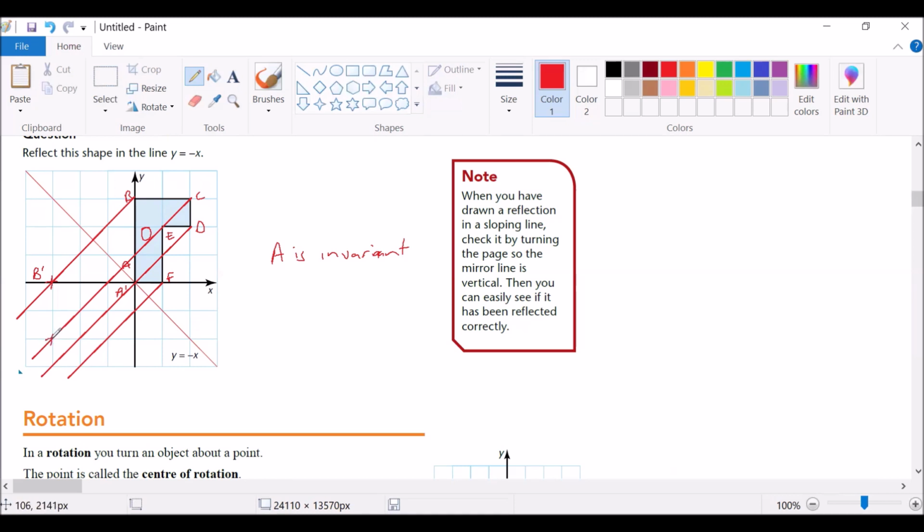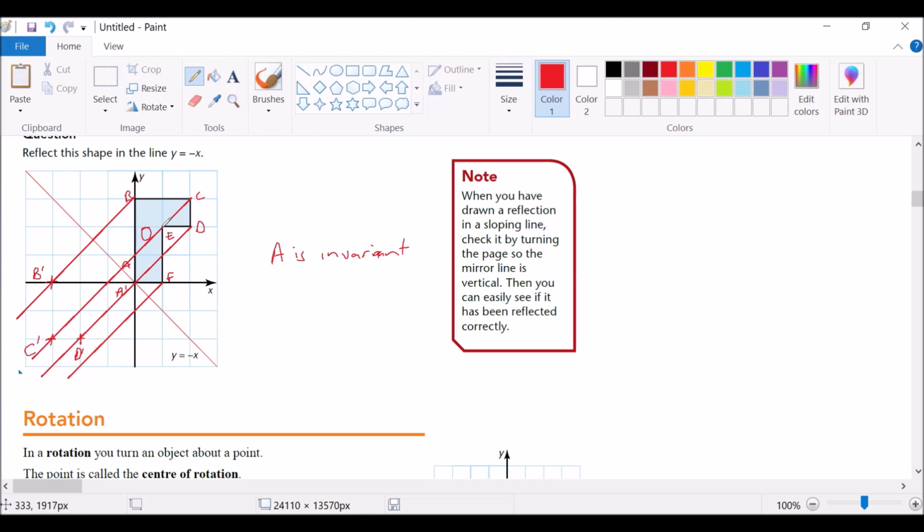So it's this point there. For D, we have one diagonal and two diagonals in front of the mirror line, so we also take two diagonals behind the mirror line, 1, 2. So this is our point there, and it's D bar. This is C bar.